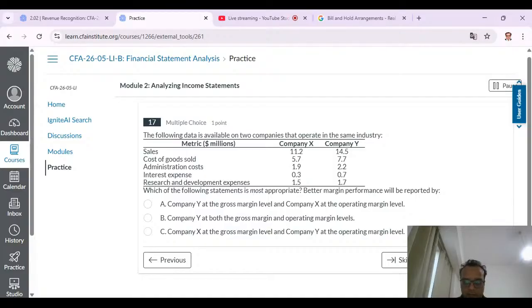Better margin performance will be reported by company X at the gross margin level and company X at the operating margin level. पहले gross margin level देख लेते हैं कि दोनों के क्या क्या है. Company Y at both the gross margin and operating margin level.